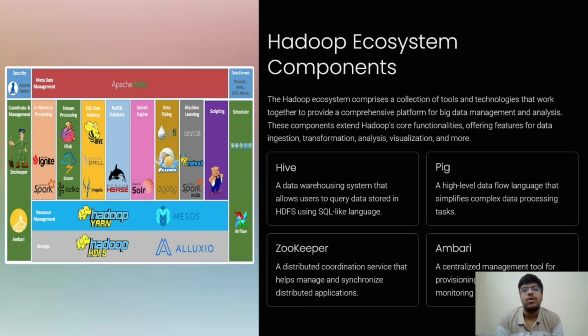It is a high-level data flow language which simplifies complex data into simpler processing tasks. Then there is Zookeeper, which is a distributed coordination service which helps you manage and synchronize your distributed applications. And last but not least, Ambari, which is a centralized management tool which configures and monitors your Hadoop clusters.